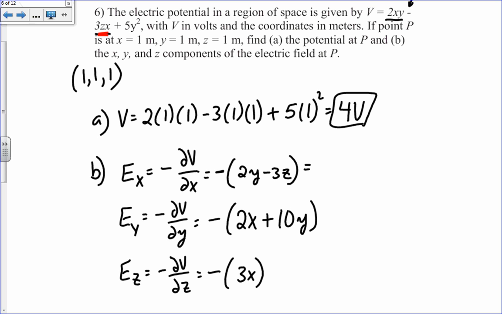All right, and then we can put in our coordinates, which are 1, 1, 1. So let's see, this is negative 2 minus 3, negative 1, negative 12, and negative 3 for Ex, Ey, and Ez.